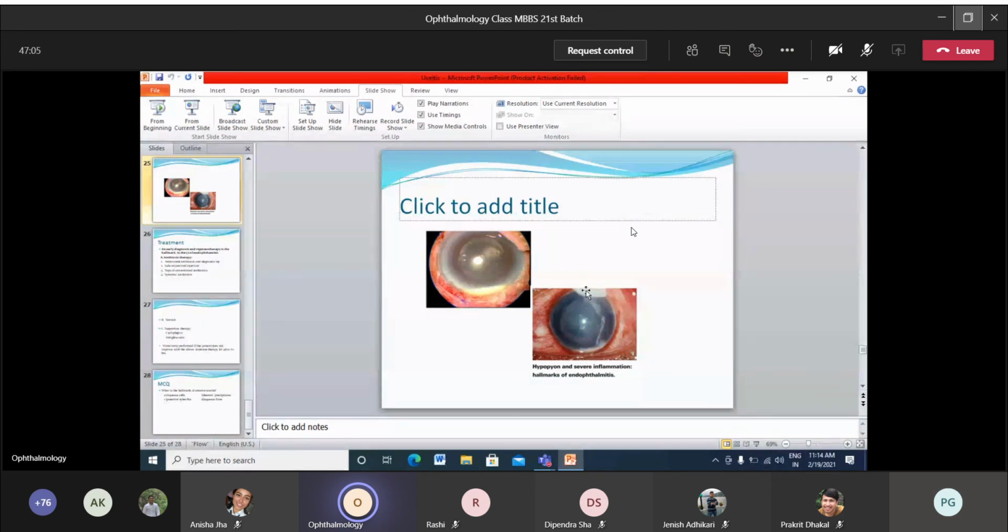Here also in this picture you can see a hazy cornea because the iris details are not clear. You can see the 360-degree congestion here, some amount of vitreous haze and a minimum amount of hypopyon, a small amount compared to this. So hypopyon, congestion, and edema of the cornea should always point towards endophthalmitis.